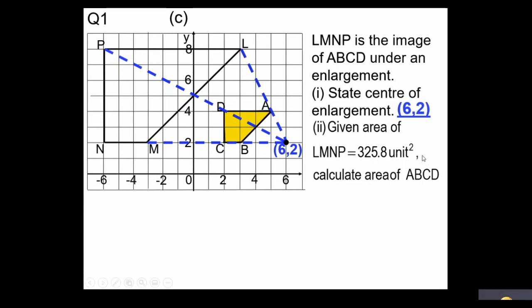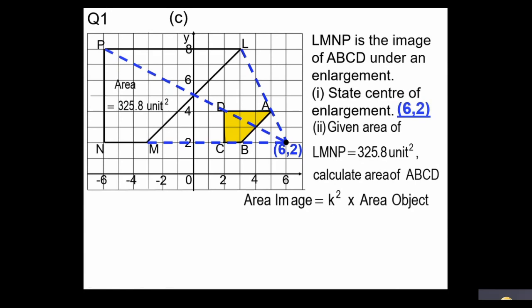Here, given the area of LMNP, the big one, is 325.8 unit square. Area must be unit square. It can be meter square, centimeter square, but you must have square. Then you have to calculate the area of ABCD. There is a formula that you have to know here. The area of the image, LMNP, equals K square multiplied by the area of the object. K is the scale factor.